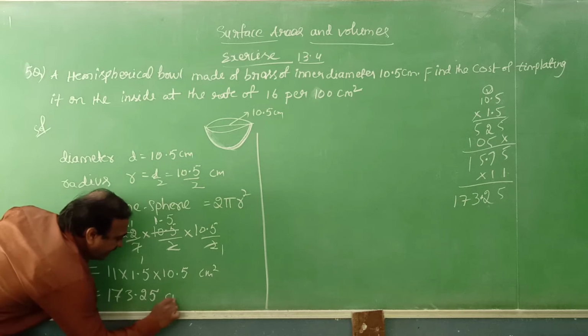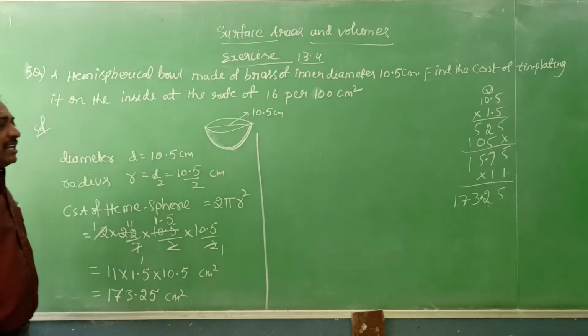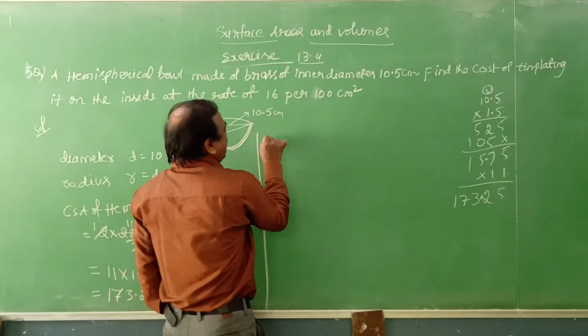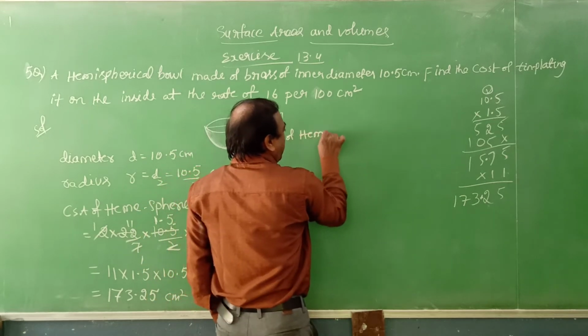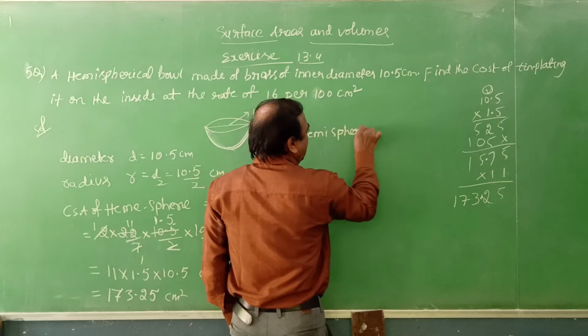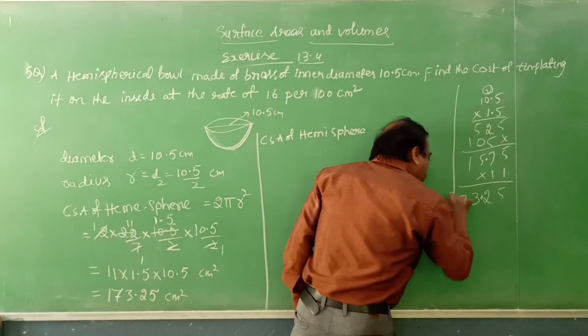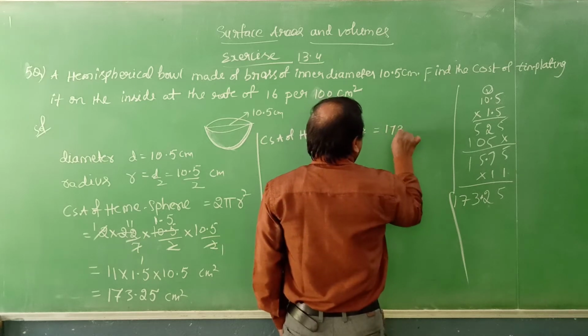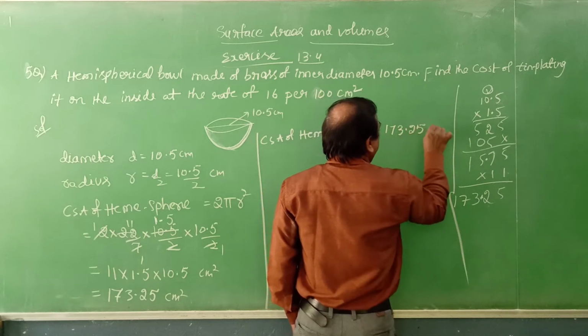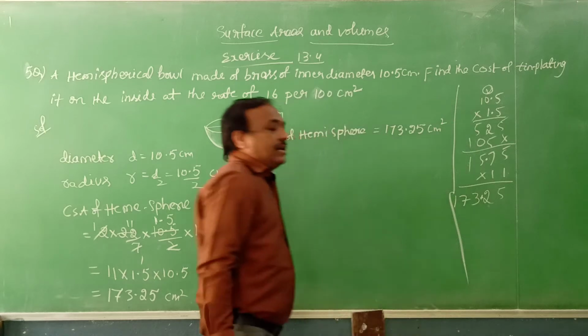The surface area, CSA of the hemisphere, is 173.25 centimeter square.